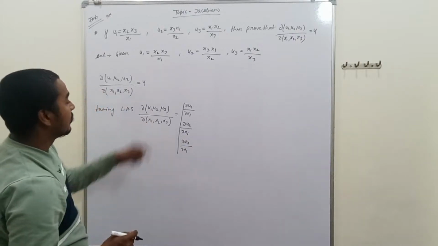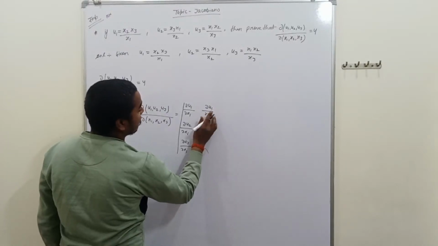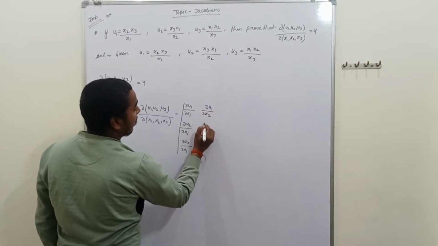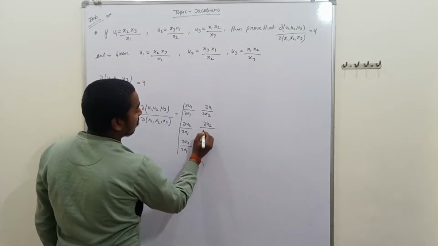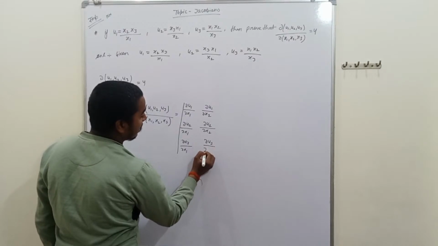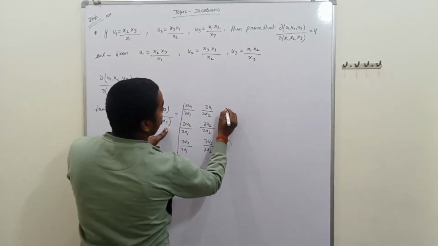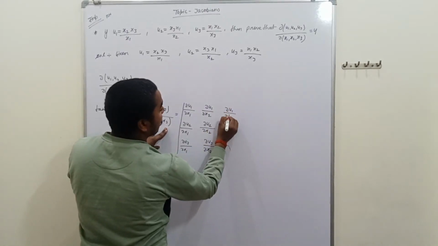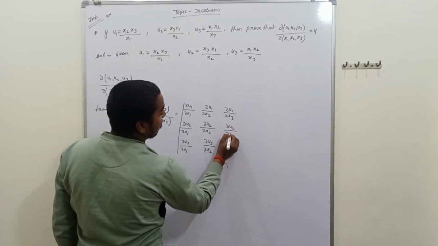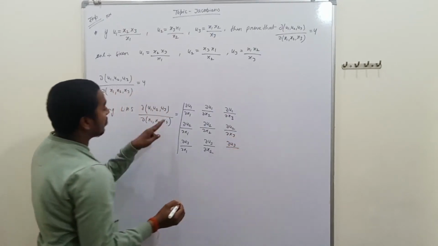Further we write for x2, that is del u1 upon del x2, del u2 upon del x2, and del u3 upon del x2. Further for x3, that is del u1 upon del x3, del u2 upon del x3, and del u3 upon del x3.